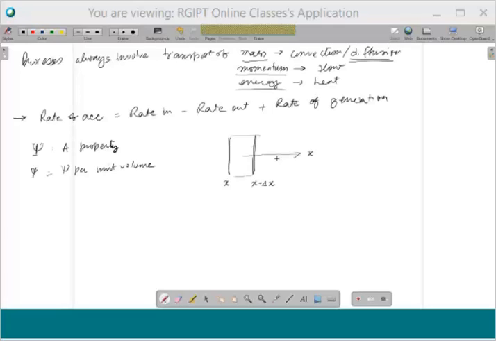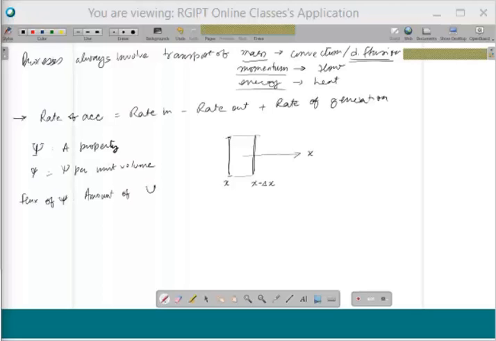So there will be a flux of property psi, meaning the amount of big psi, not the small psi, crossing unit area per unit time.